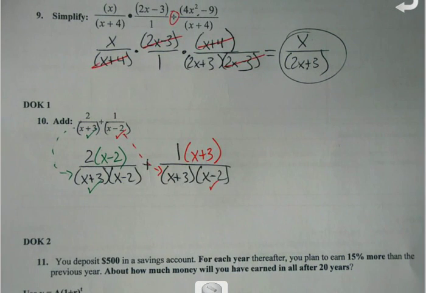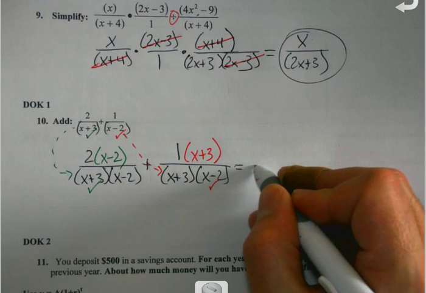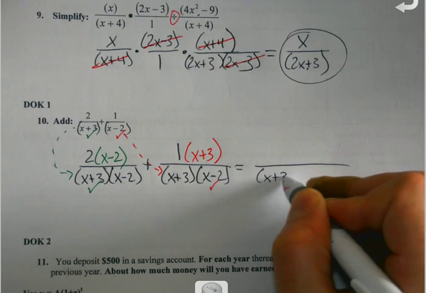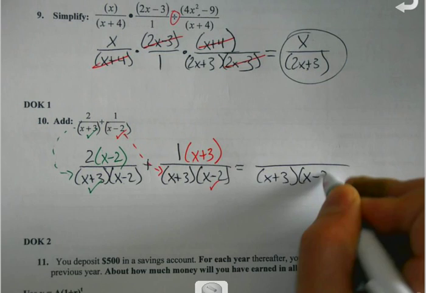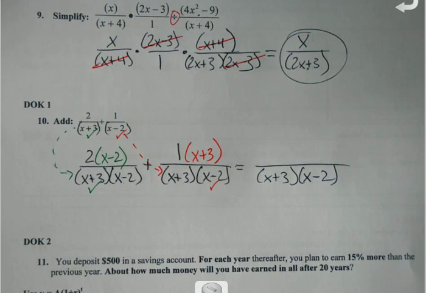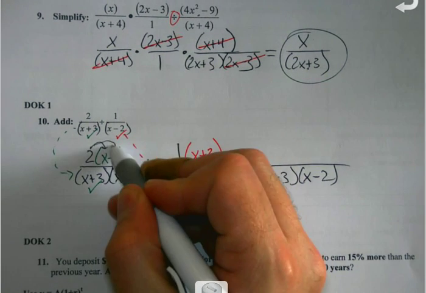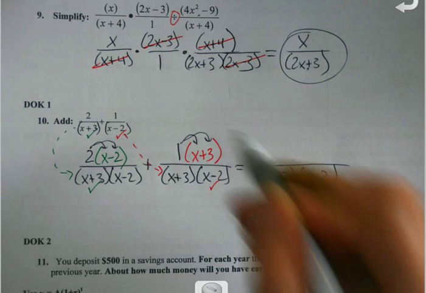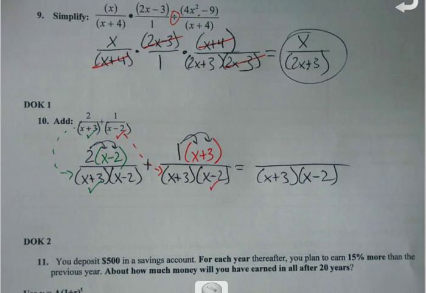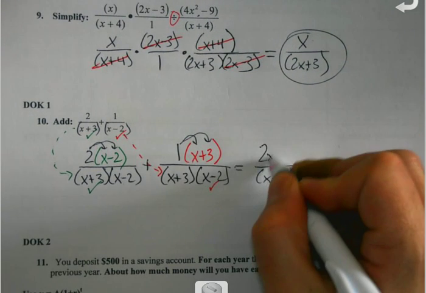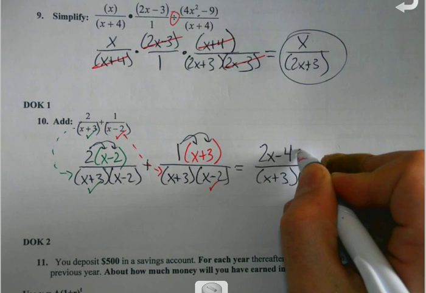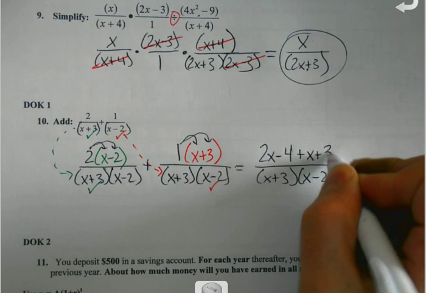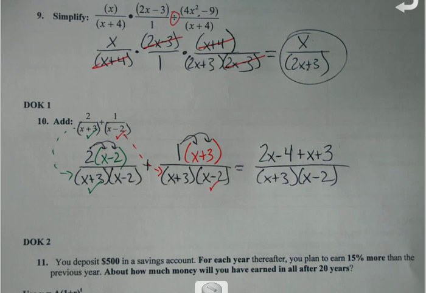Now once that's done, I think there's only one more thing that could screw us up. So hopefully, notice I'm not canceling anything right now because that'll get me back to the beginning. So we're going to do all of our distributing at this point. And then I just got to combine up in the numerator my like terms to get this simplified.